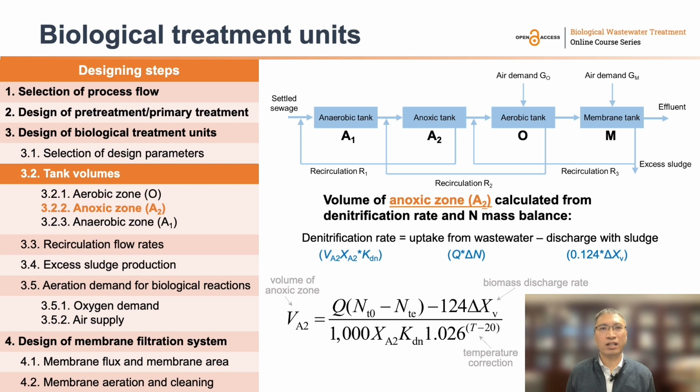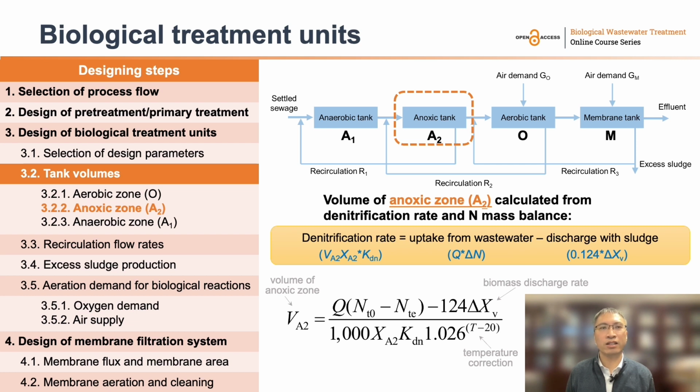The volume of the anoxic zone can be calculated from the denitrification rate and the mass balance of total nitrogen, as shown in this equation. The denitrification rate is equal to the uptake rate of total nitrogen from wastewater, minus the discharge rate in the form of excess sludge.